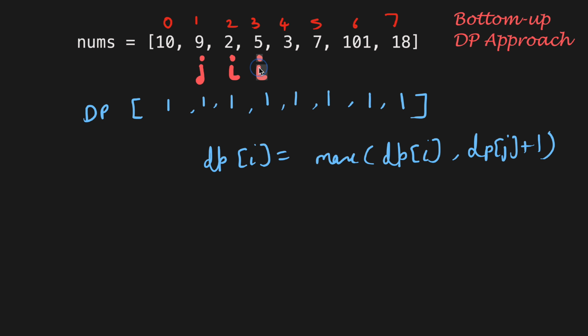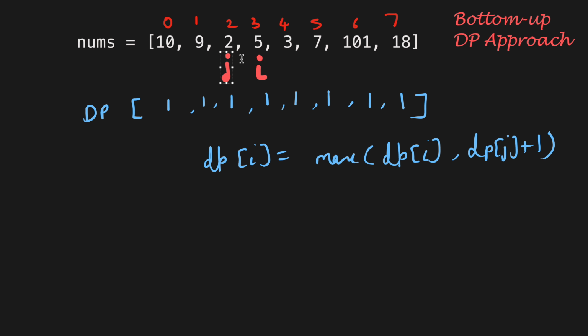Now we move i to index 3 and again compare all the elements before it, which are 10, 9 and 2. And since element 5 is less than both 10 and 9, it will not form the increasing sequence with them. And eventually j comes to index 2, where we compare element 2 with 5 and again ask the same question, is nums i greater than nums j? And this time the answer is yes.